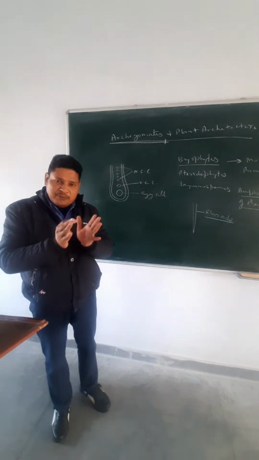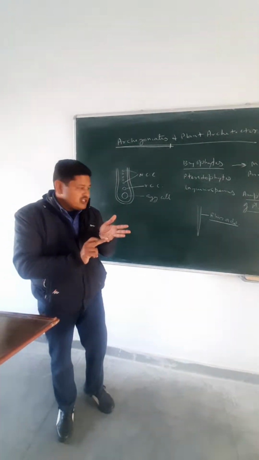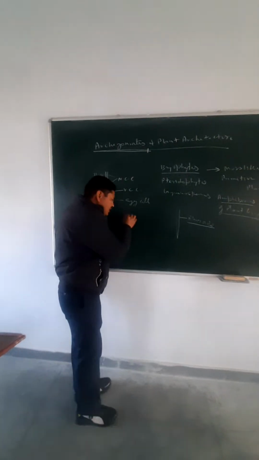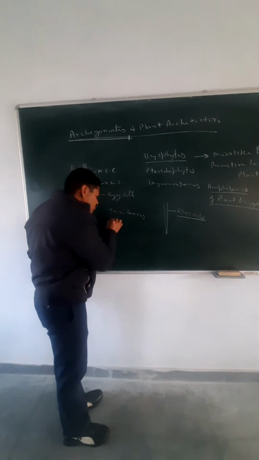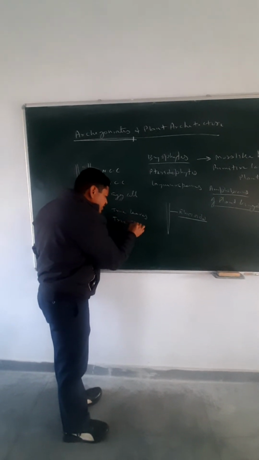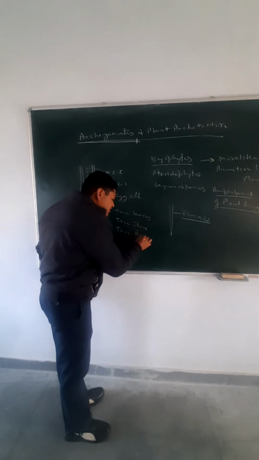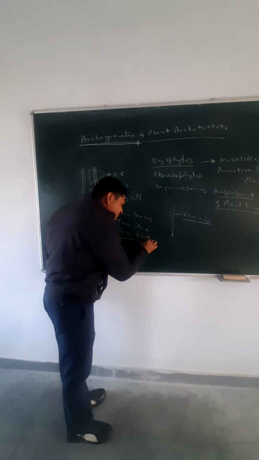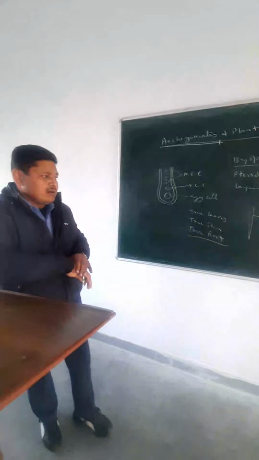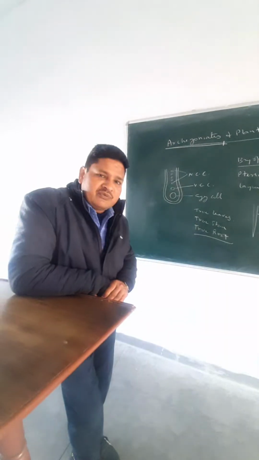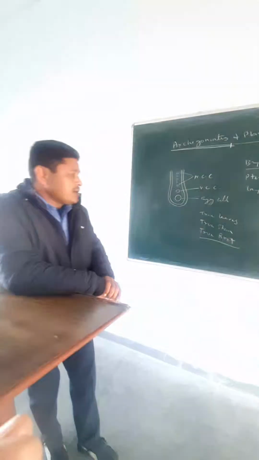A thallus-like plant body is one which is not differentiated into true leaves, true stem and true root-like structure. They are also placed in the cryptogams. Why do we place them in the cryptogams?